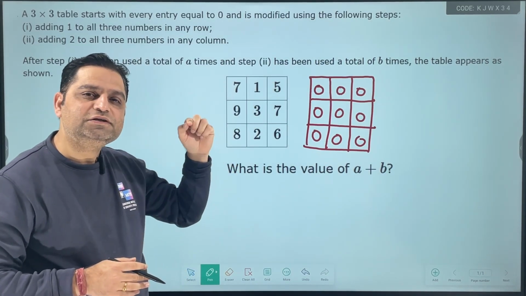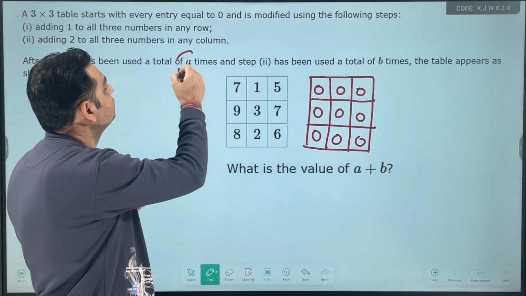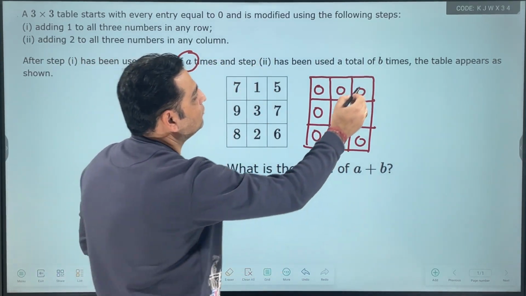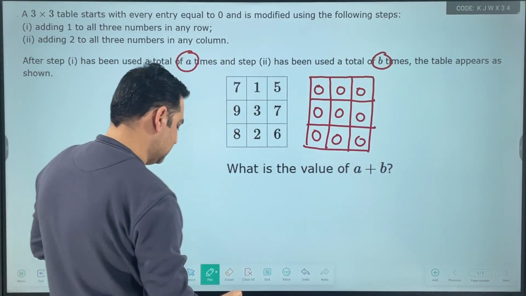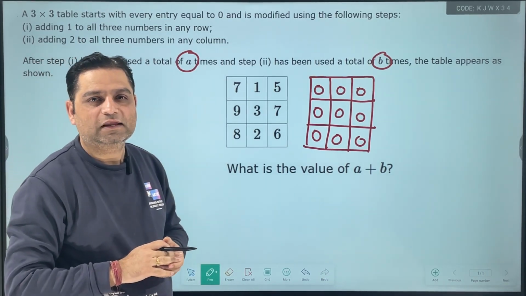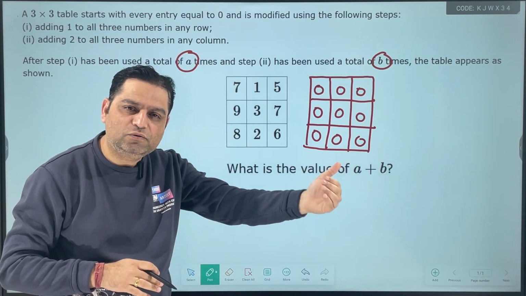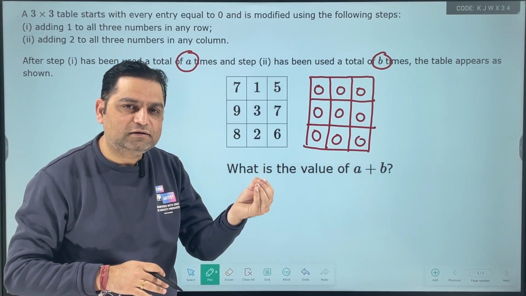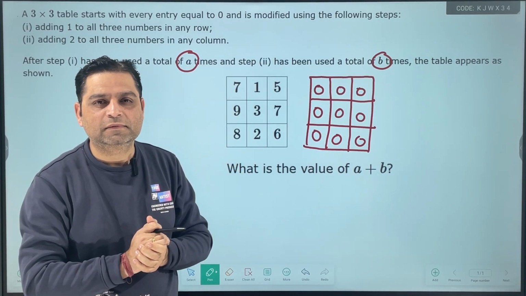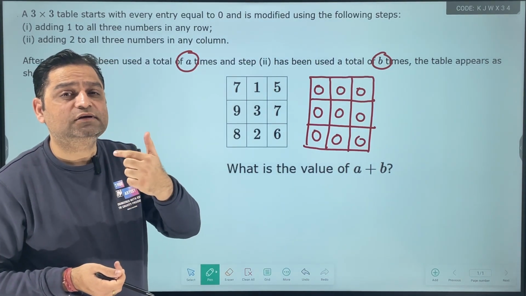The number of times changes are made in the row is considered A, and the number of times changes are made in the column is considered B. And we are told to find A plus B. That means we need to find the total number of changes in the rows, which we'll consider A, and the total number of changes in the columns, which we'll consider B. I hope you are clear with the situation as of now. Now let us see how we will do it.